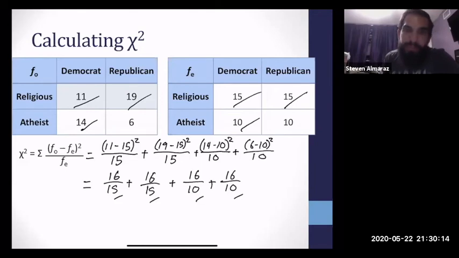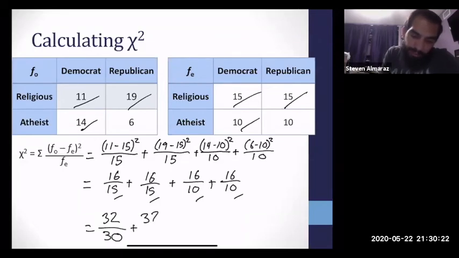Yeah, that seems like the best one to me. So we have 32 over 30 plus 32 over 30. Now this time we're multiplying by 3, so that's 48 over 30 plus 48 over 30.